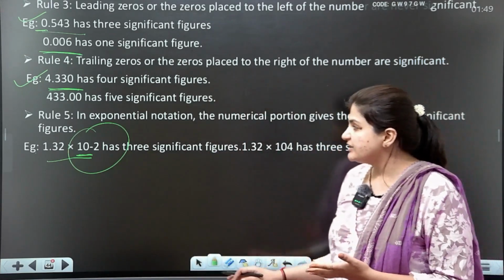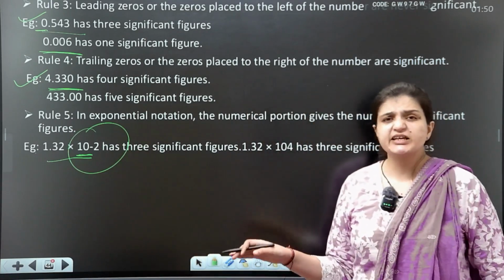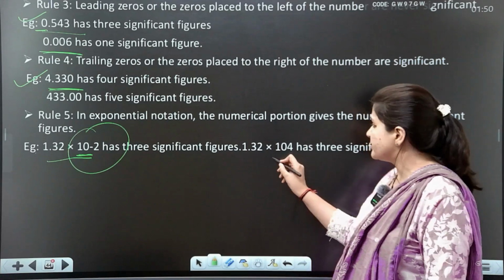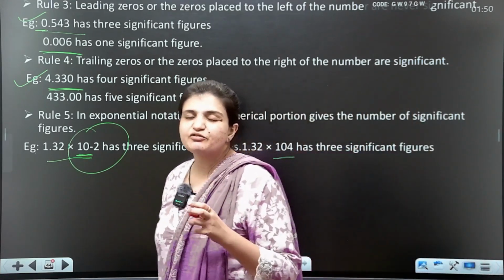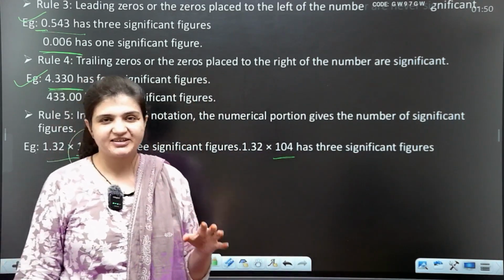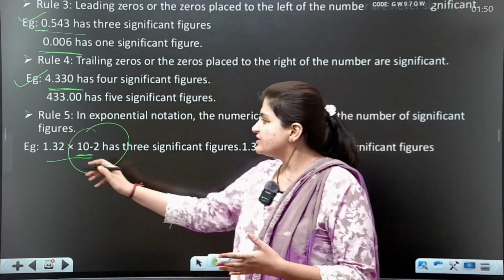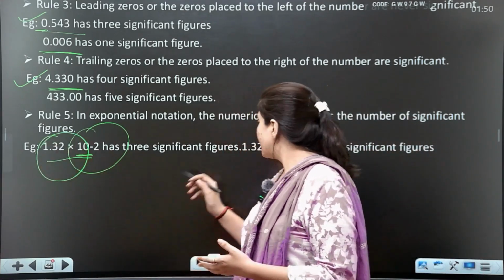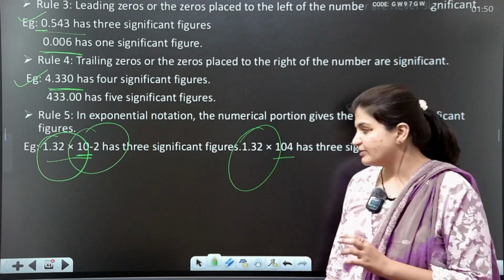And if it is in exponential notation, like 10 to the power minus 2 or 10 to the power 4, then that part is also not counted in significant figures. Like 1.32 has 3 significant figures, and 10 to the power 4 will not be counted.